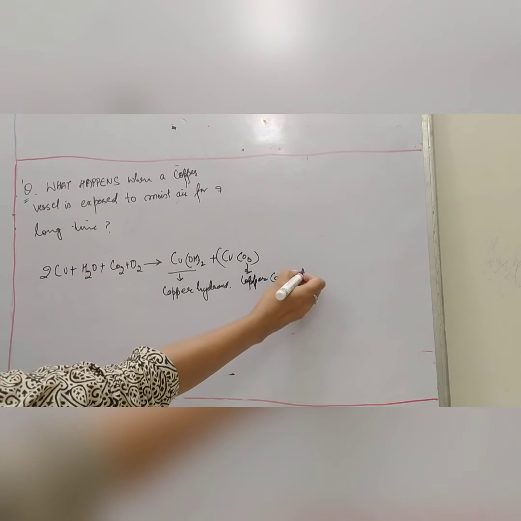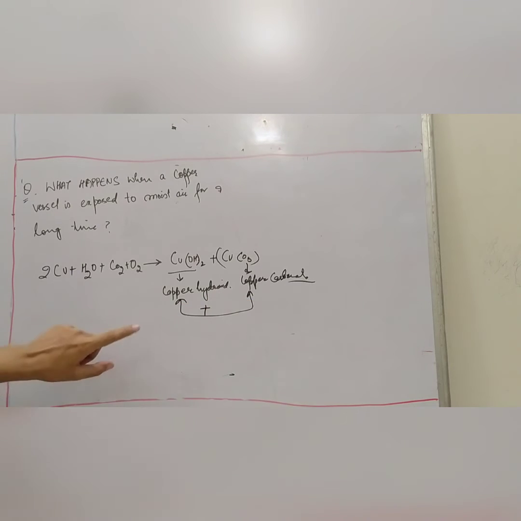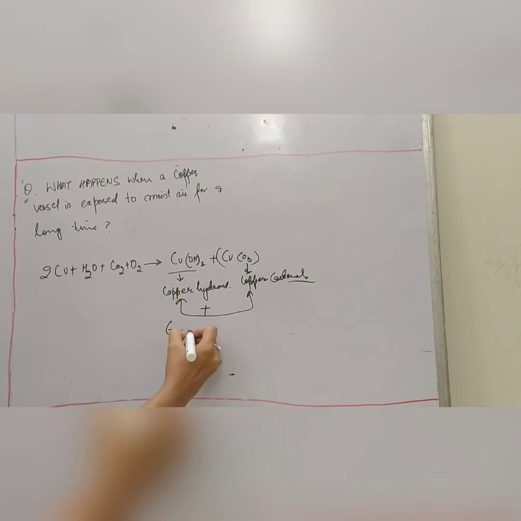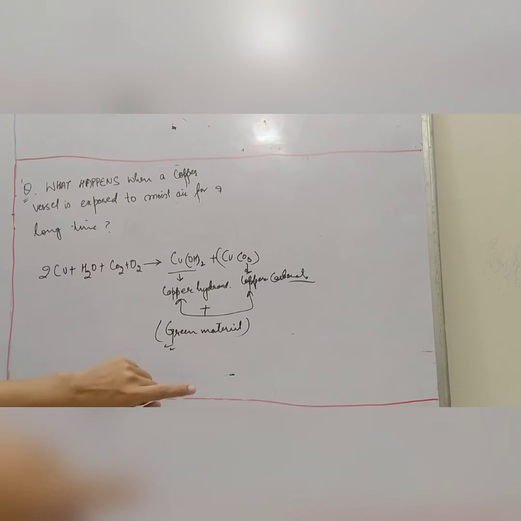The mixture of these two substances makes a green layer on the surface of copper. I hope this is also clear to you now.